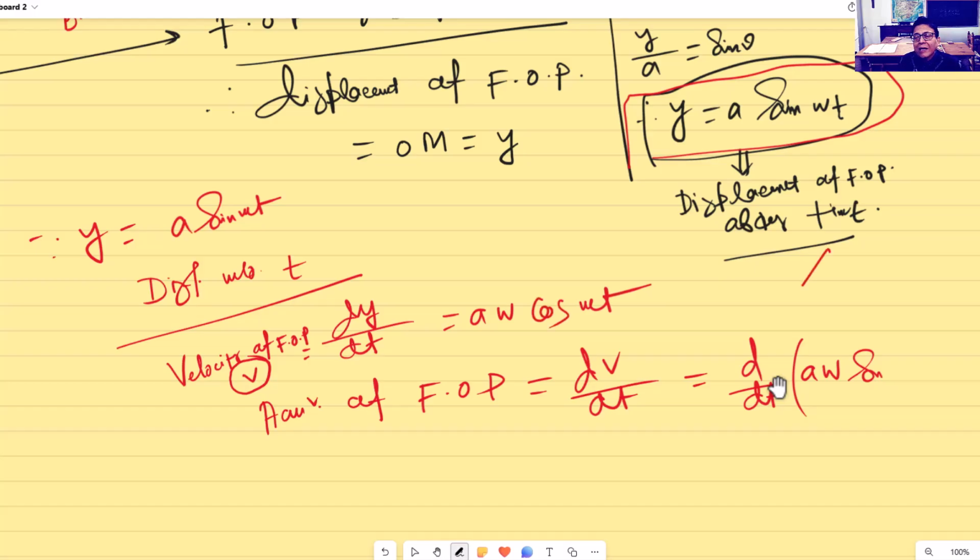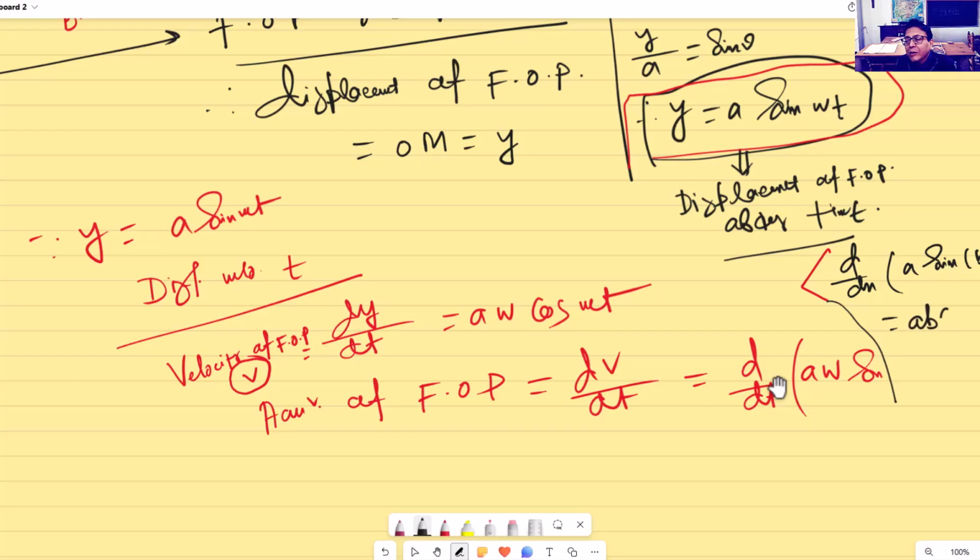And I write the rule here. d by dx of A sine(bx plus c) is A b cos(bx plus c). So remember that when you differentiate, the coefficient of x comes out. This you have done in the beginning of class 11, I just remind you. This is the rule of derivative.